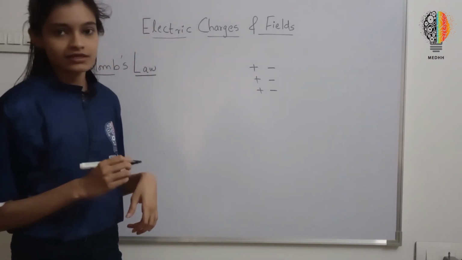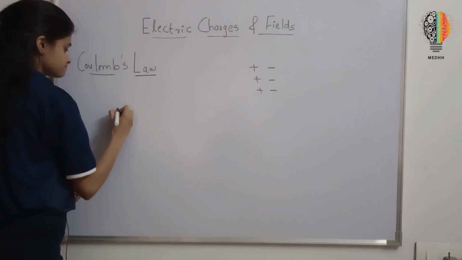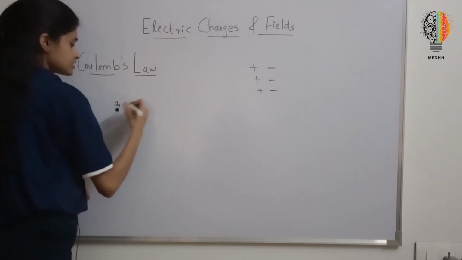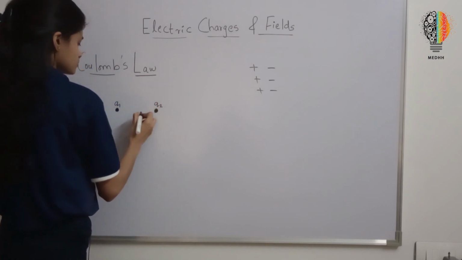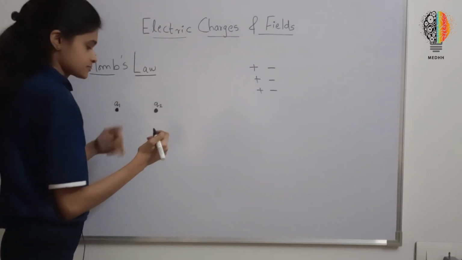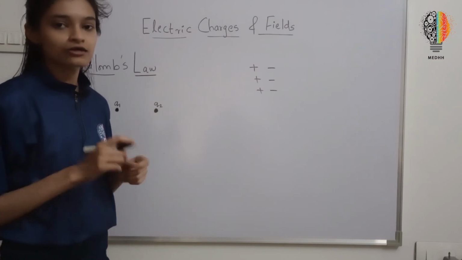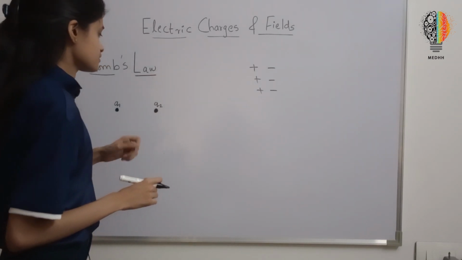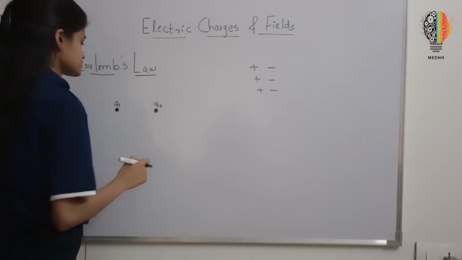For example, let's consider a point charge Q1, and if we bring another point charge Q2 closer to Q1, we know that they will experience a force. So, by using Coulomb's law, we can actually calculate the force that is experienced between these two point charges.